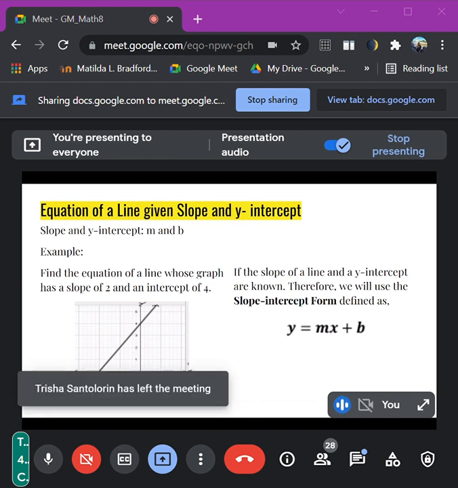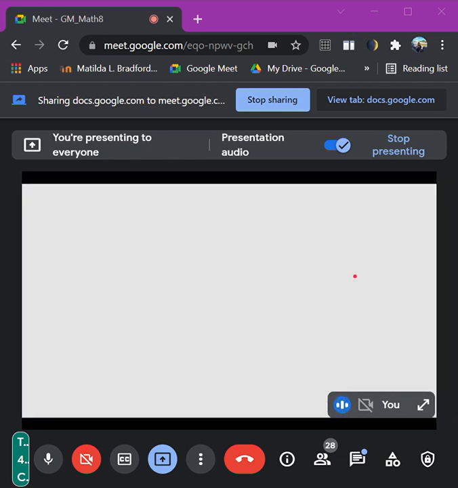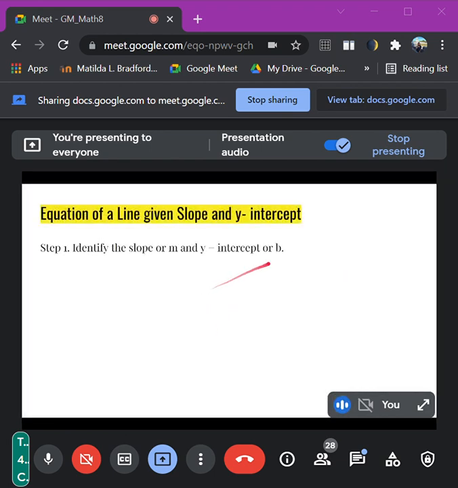For the first step, the process is still the same, class. You identify the slope or m and the y-intercept or b. They are already given. So m is equals to 2 and b or the y-intercept is equals to 4.